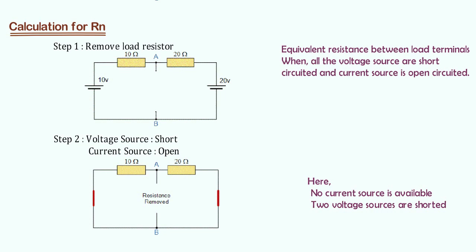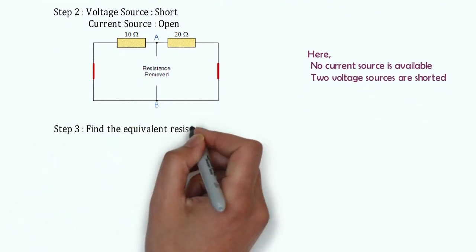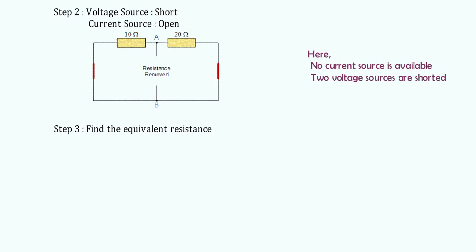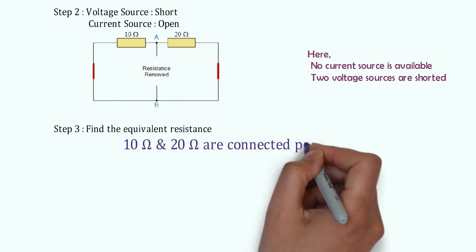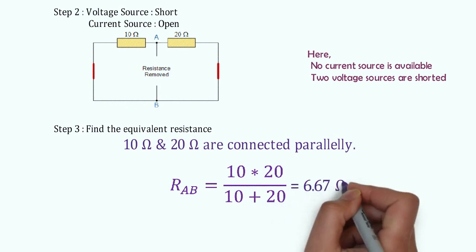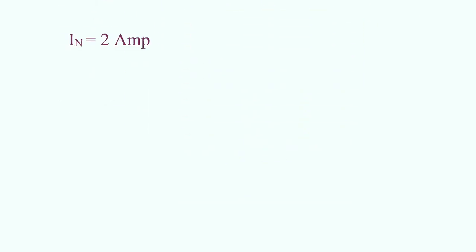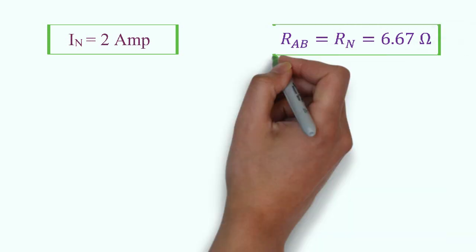Now, we are supposed to calculate the equivalent resistance between the 2 points. In our case, both are connected in parallel. Hence, Norton's resistance will become 6.67 ohm. After this, we have the value of Norton's current and Norton's resistance.